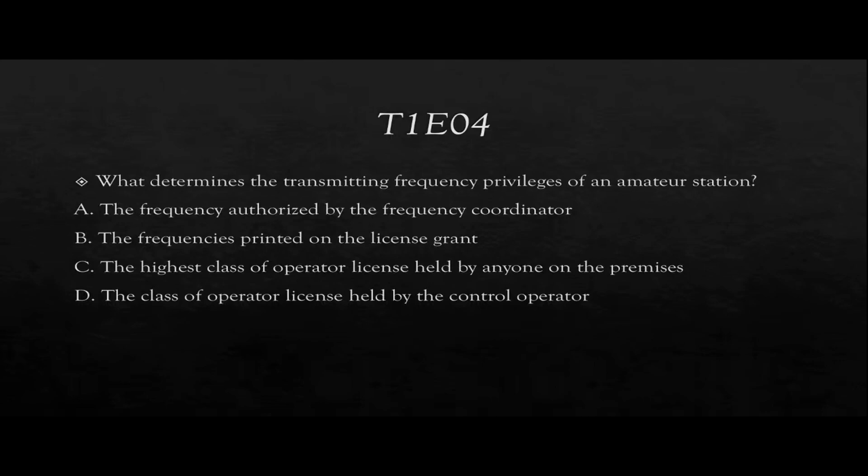But you're operating as that club call sign, not as your own in reality. So the correct answer is D. The class of operator license held by the control operator. Just depends who you are calling the control operator. Are they there in front of the radio? Everything's good to go there.